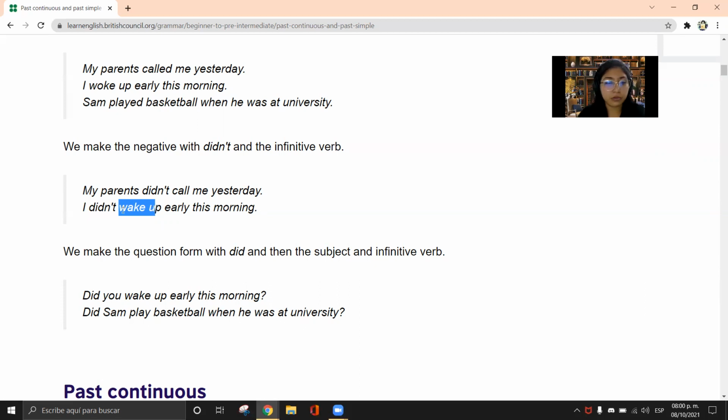Within those same rules, we can make a question with the form of did and then the subject and the verb. Did you wake up early this morning? Did Sam play basketball when he was at university? Okay, so again, we use did with the base form of the verb.